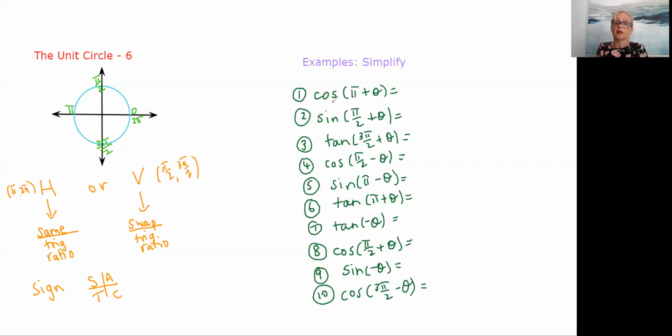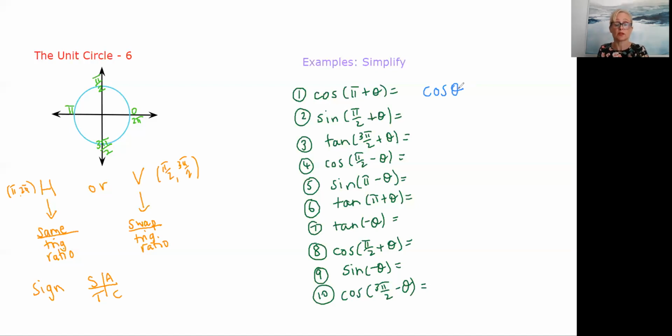So we want to simplify cos of pi plus theta. Well, it's always handy to have a little unit circle nearby just to sort of reinforce what you're doing. Pi plus theta. Is that a horizontal or vertical reference? It's horizontal, isn't it? So I'm going to keep the same trig ratio.